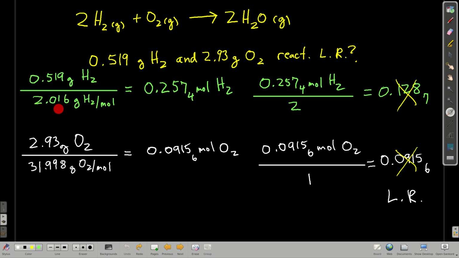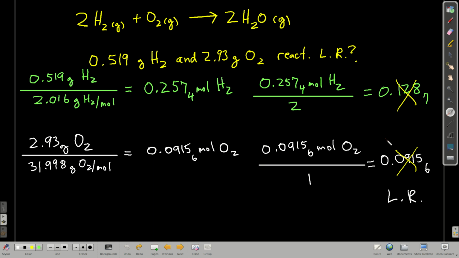This is the molar mass of hydrogen, this is the molar mass of oxygen. We get moles of hydrogen, moles of oxygen, divide each by their coefficient in the balanced equation. So here hydrogen's coefficient is 2, so we divide moles of hydrogen by 2 and get 0.129 or so. Same thing for oxygen, divide by 1, we get 0.0915. So because this number is smaller than this, we know that oxygen is the limiting reactant.